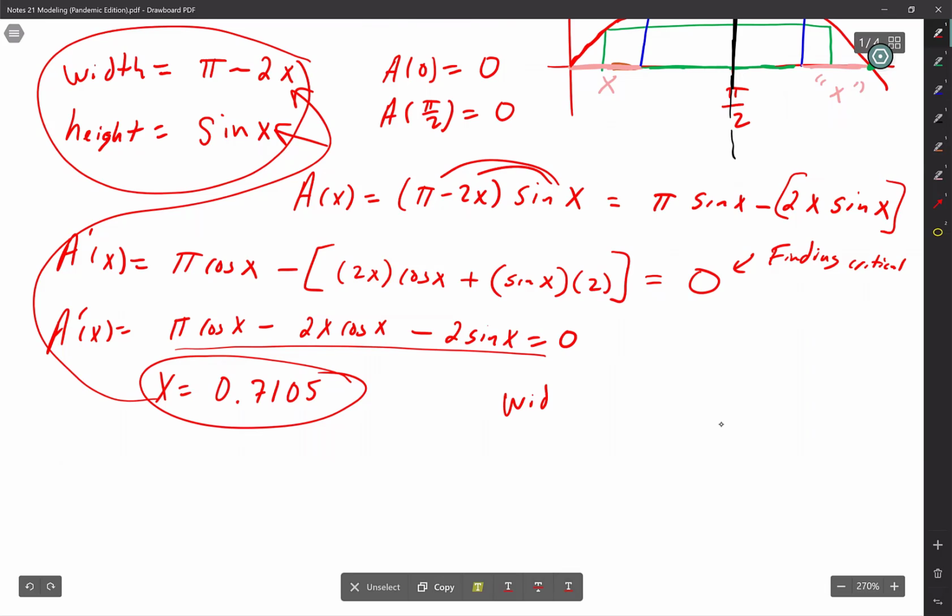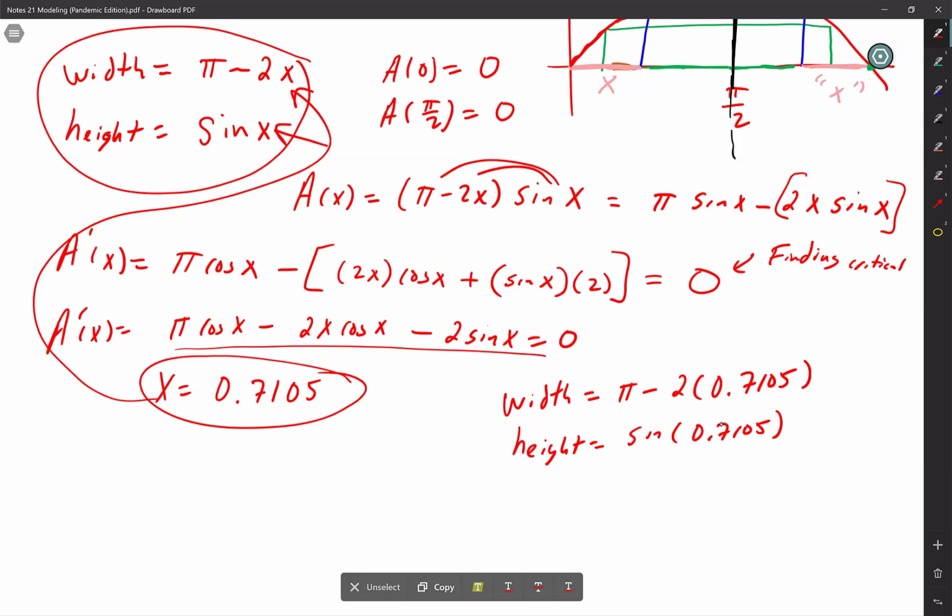So width, pi minus 2 times 0.7105. Don't round until the very end. Height equals sine of 0.7105. If you can use the register memory, use the register memory. And let's see what I get, guys.